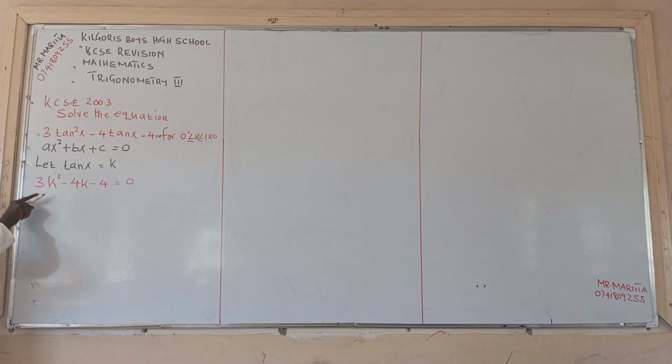Here we can use various methods: you can use the quadratic formula, you can use the completing the square method, or you can use the sum and the product formula to find the value of k.